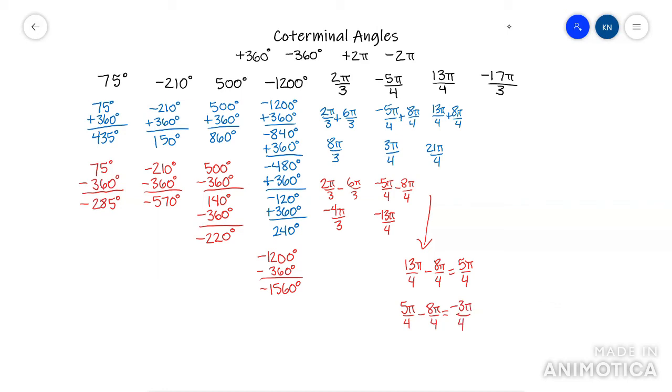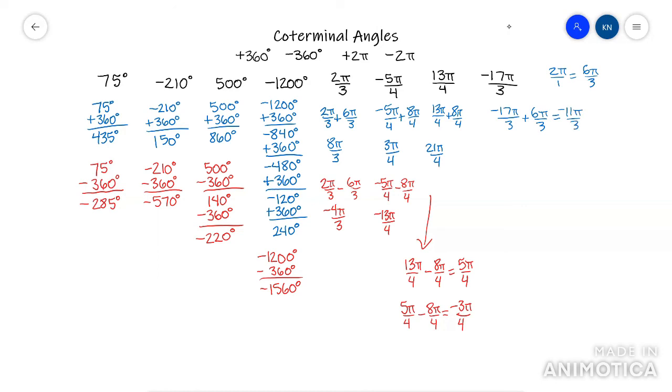Then this last one, negative 17 pi over 3. Just remember 2 pi over 1 is 6 pi over 3. I'm scaling it by 3. So to get a positive coterminal, it would look like this. Negative 17 pi over 3 plus 6 pi over 3 would give me negative 11 pi over 3.